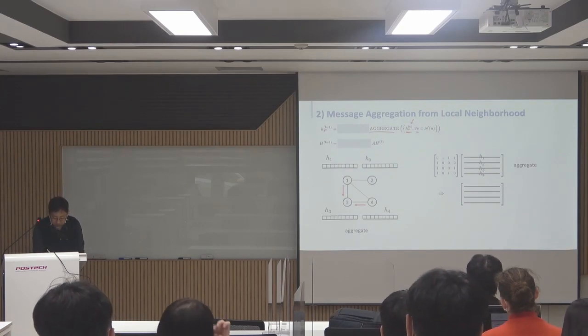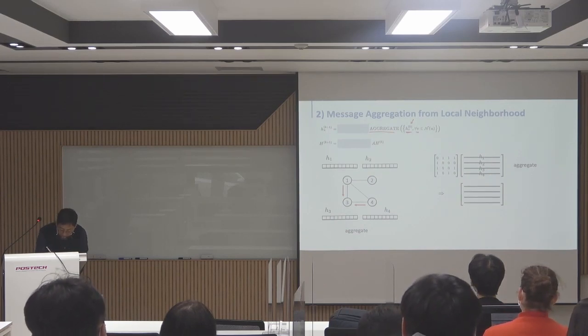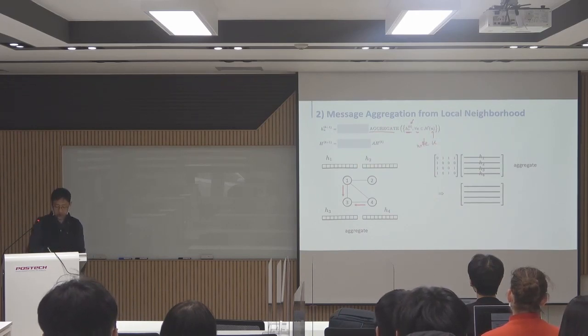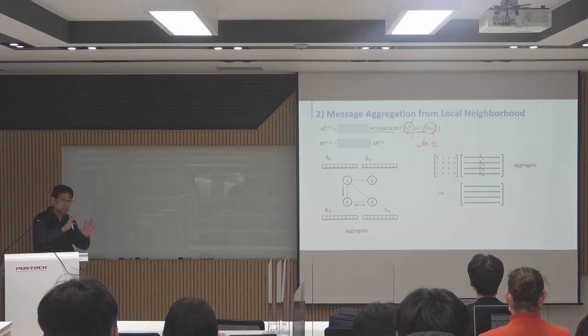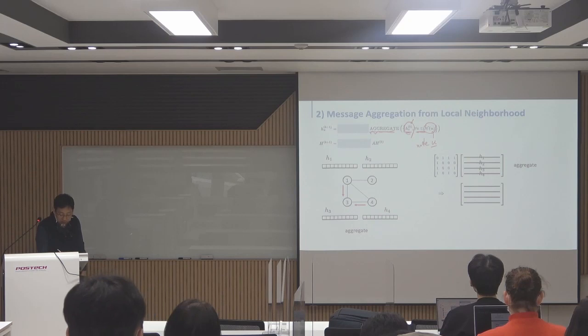And V, this one is U. I'm kind of confused, U or V. So I want to update node U, and this one represents the neighborhood. All the nodes belonging to the neighborhood of U, right? We have to consider those messages, and we have to aggregate somehow. We don't know how to aggregate yet. So that's how we update it.